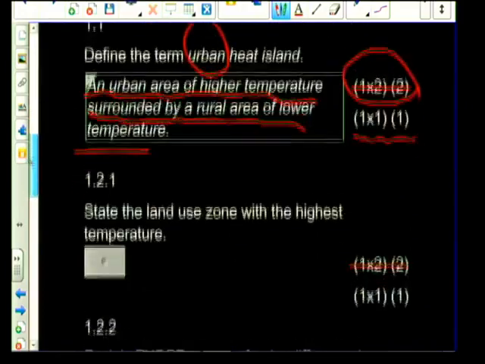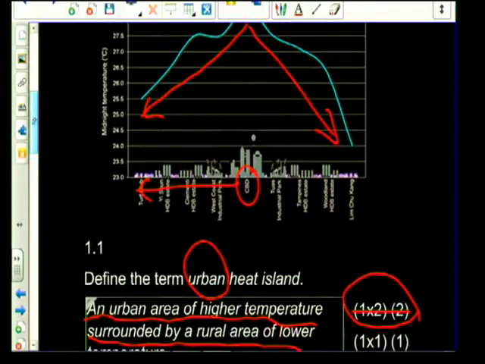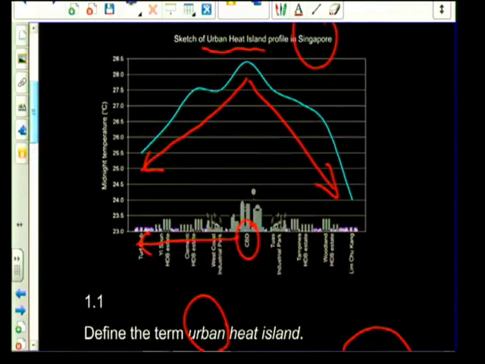All right, let's look at 1.2. Okay, state the land use zone with the highest temperature. Now, I can look at it here very clearly, as in the past. If I look at this area, I can see clearly the CBD, because there's my temperature graph. And I see the CBD having the highest temperature.